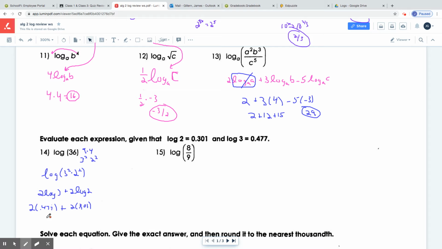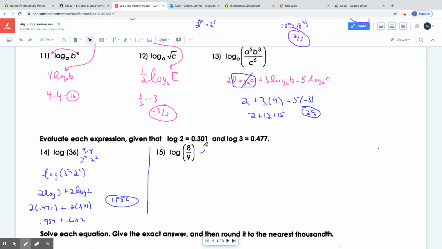So 0.477 times 2 is 0.954, plus 0.602, which gives me 1.556 is my answer.